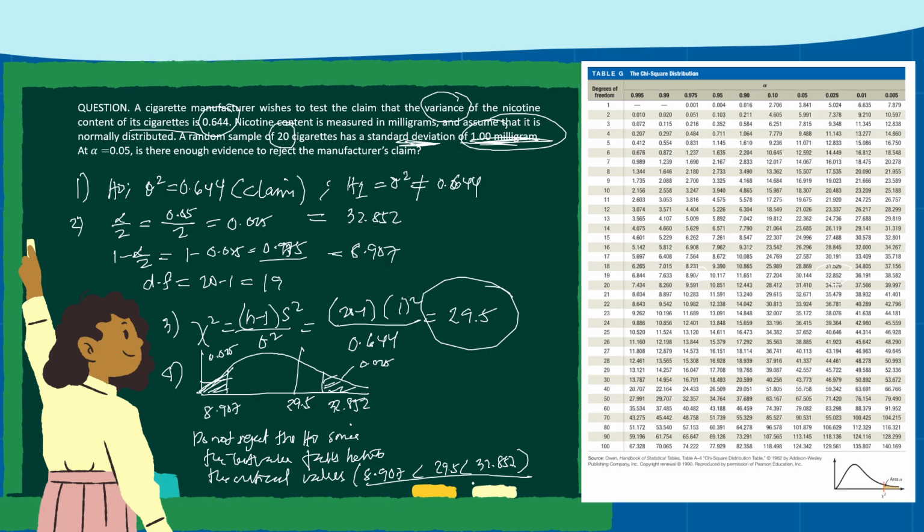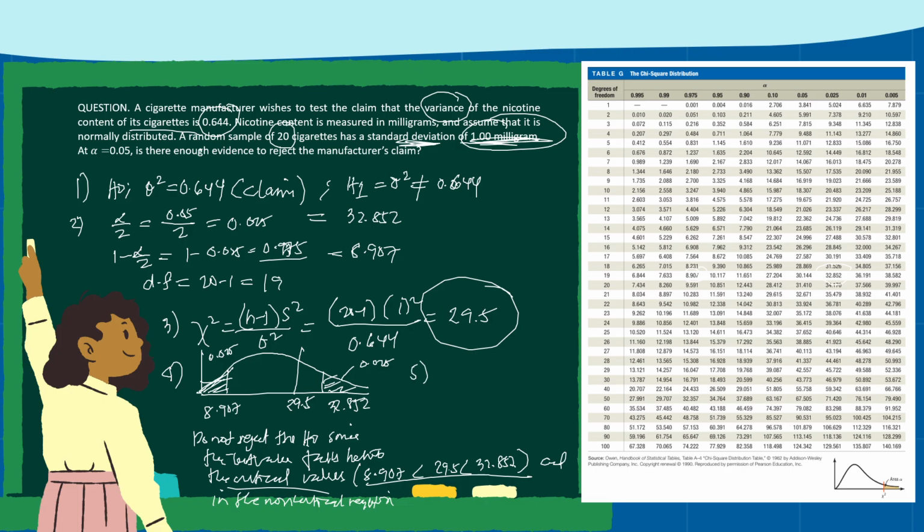It falls between the critical values because this is a two-tailed test, and it is in the non-critical region. So it falls between these two critical values, so we do not reject the null hypothesis.